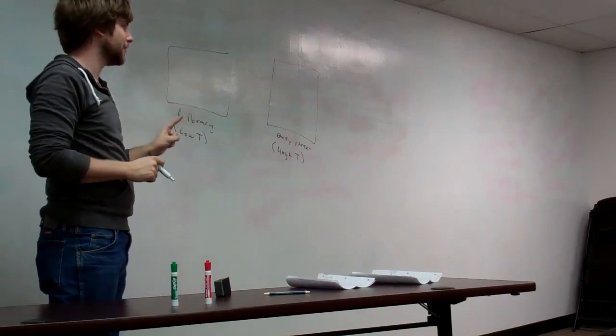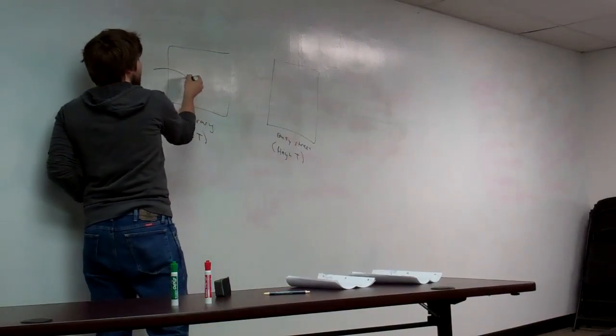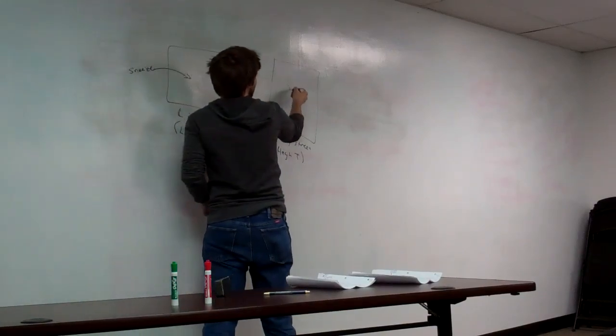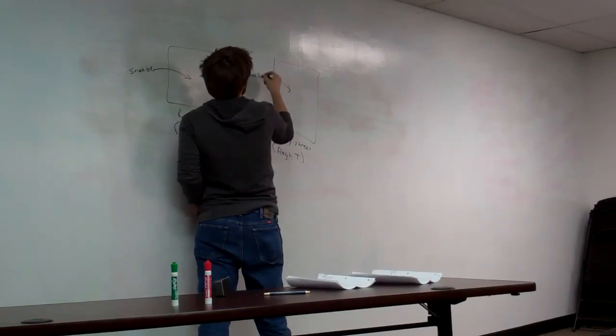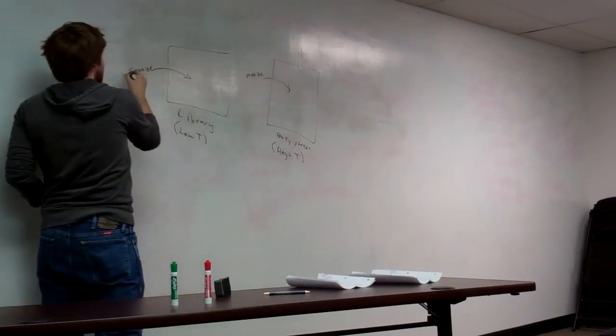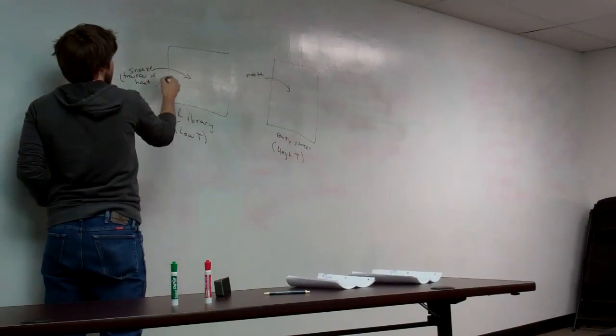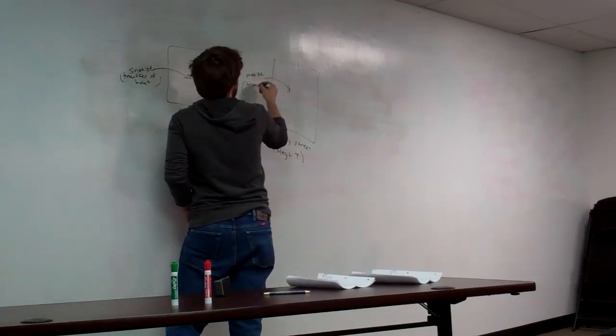Now, there's one more analogy I'm going to add to both of these systems. I'm going to sit in the middle, and I'm going to sneeze. And that sneeze represents a transfer of heat.